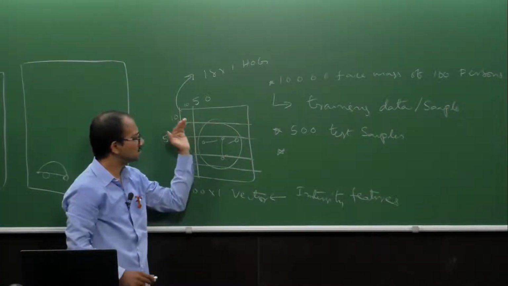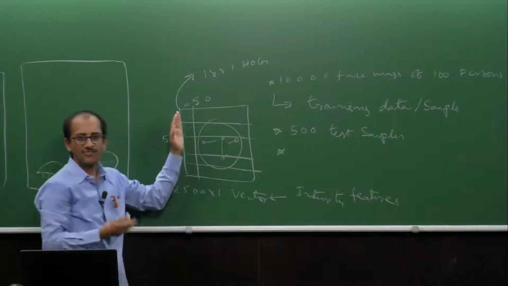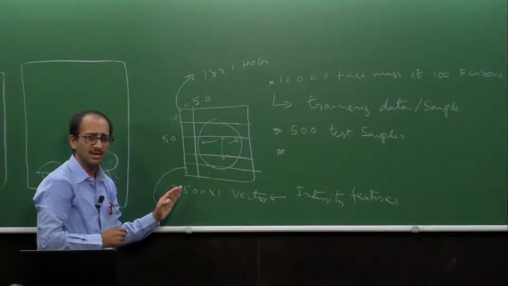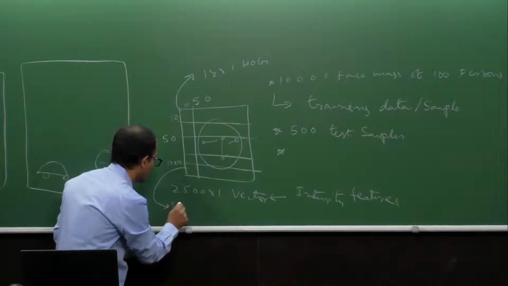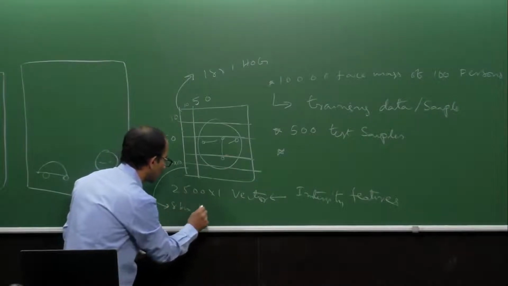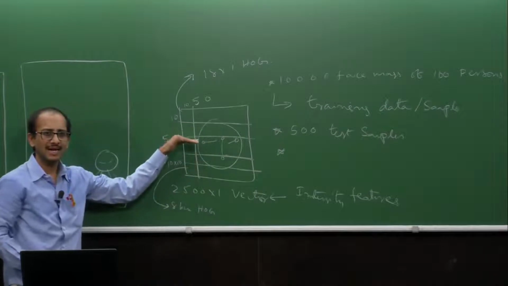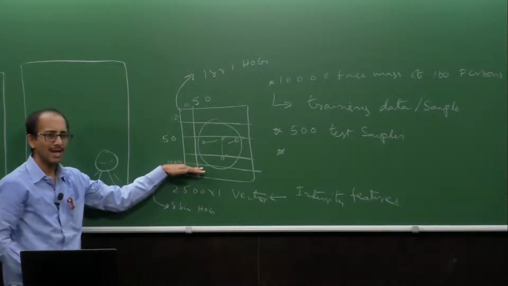So for each of these 25 10 cross 10 grids, I can go for a HOG vector. If I bring in a HOG vector for each 10 cross 10, say an 8 bin HOG vector, what will be the total dimension of the HOG vector describing the whole image now? For each 10 cross 10, I will have an 8 bin HOG.